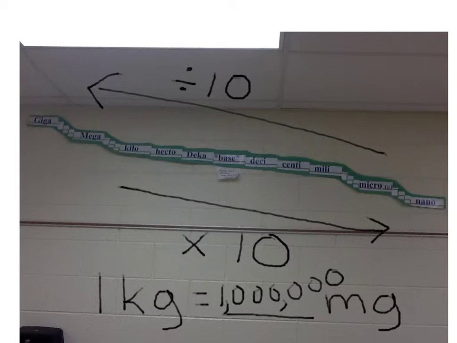It just says base. Deci is the lowercase d. Centi is the lowercase c. Milli is a lowercase m. That should be 2 L's, by the way. Micro is a weird one. It kind of looks like a U. I'm going to draw it up here. So it looks like that, okay? And nano is just a lowercase n.